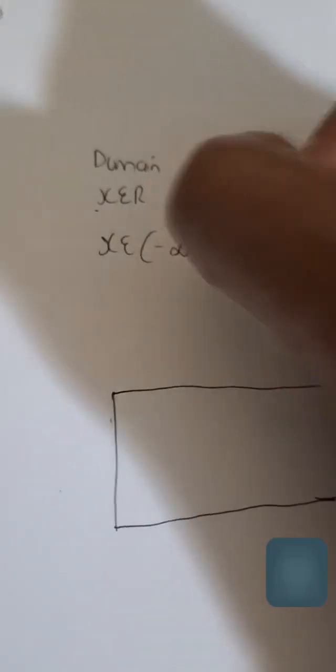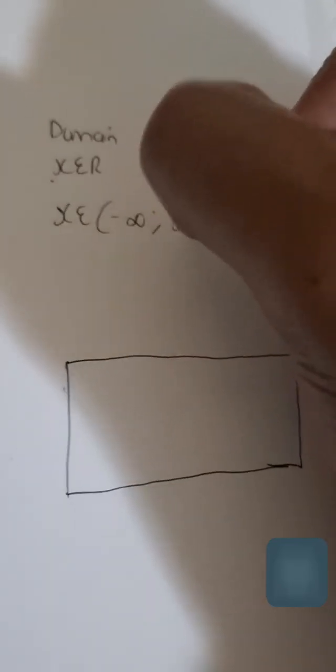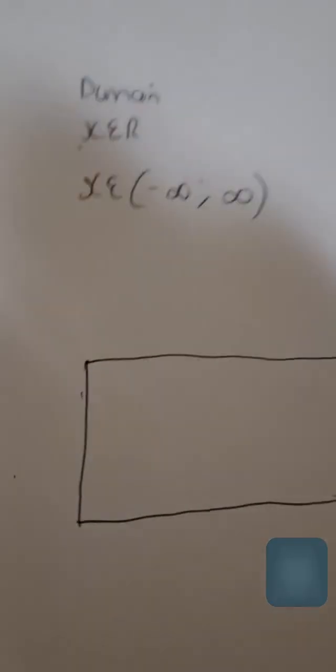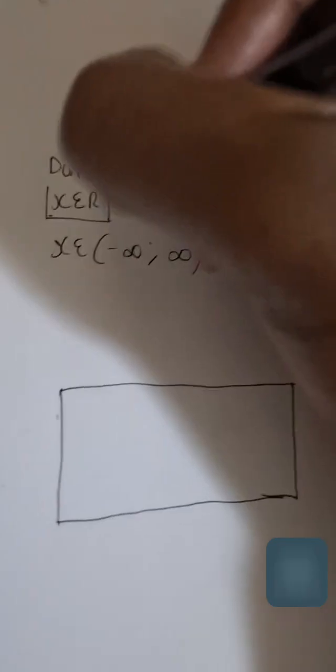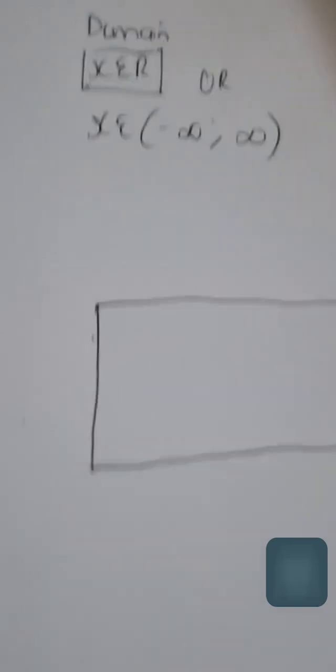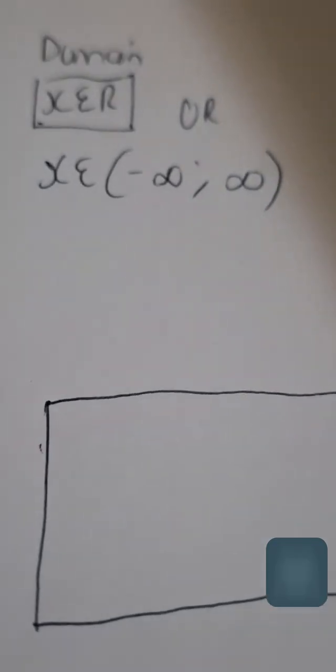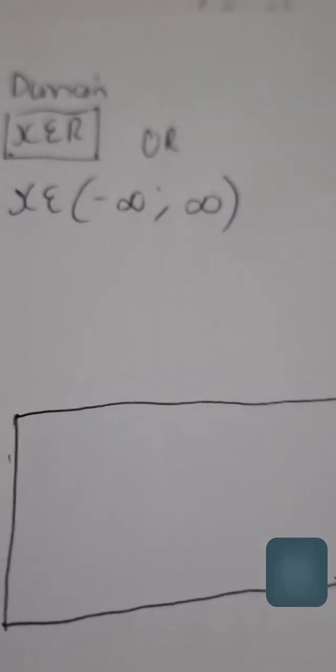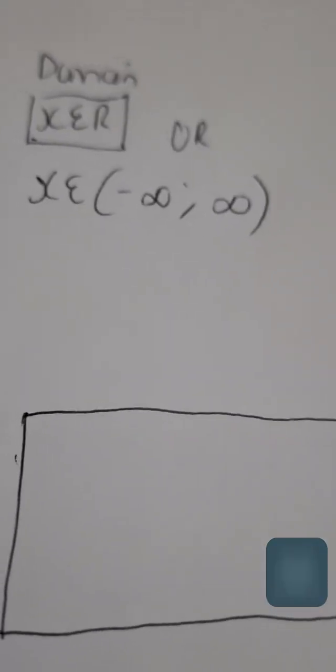From the left, which is what? From negative infinity all the way to positive infinity. So that means we can write the domain as x is an element of real numbers. Or if we don't want to write that way, we can say x is an element of negative infinity to positive infinity.